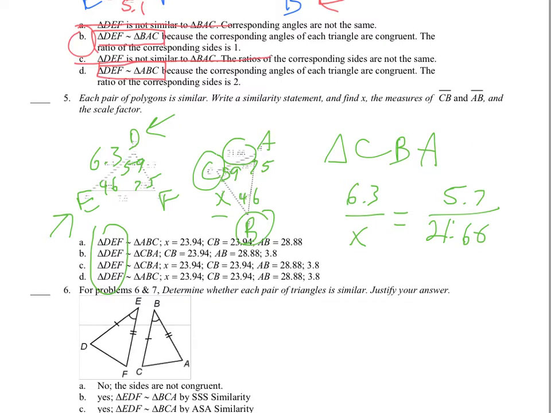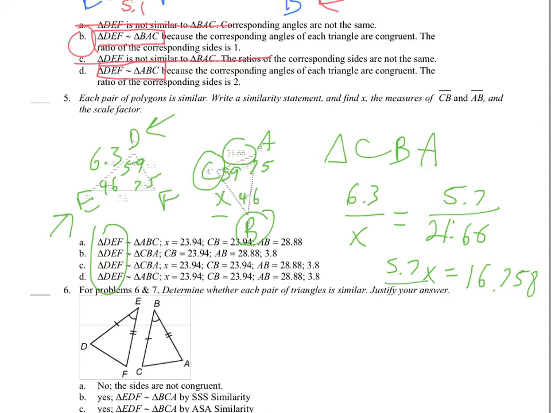Cross multiply, solve for X. When I do that, I get 5.7x equals, and I'll get a long decimal. I'm really not going to put that, because I'll let you calculate that on the calculator. Actually, it's not too bad. 16.758.